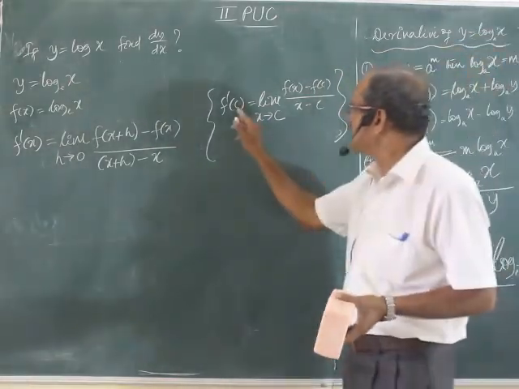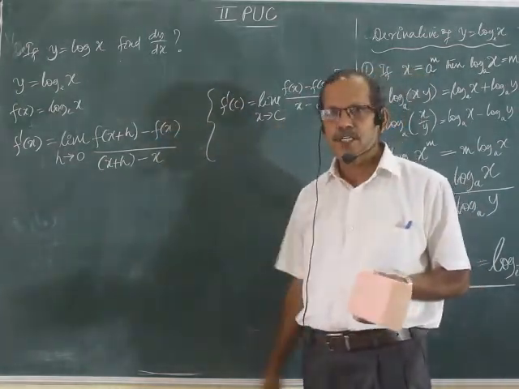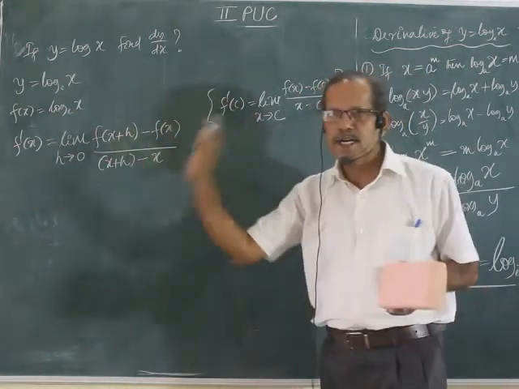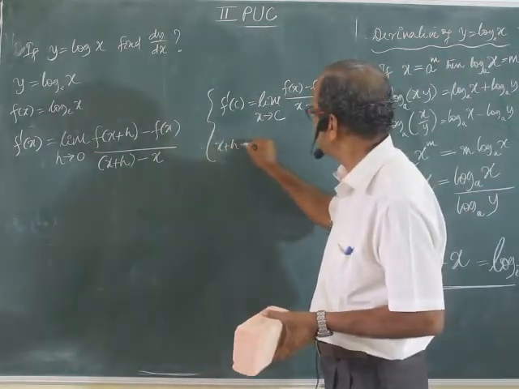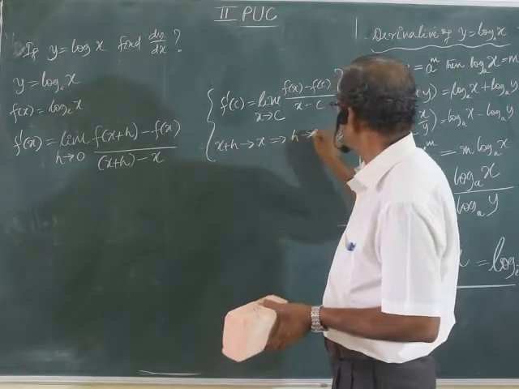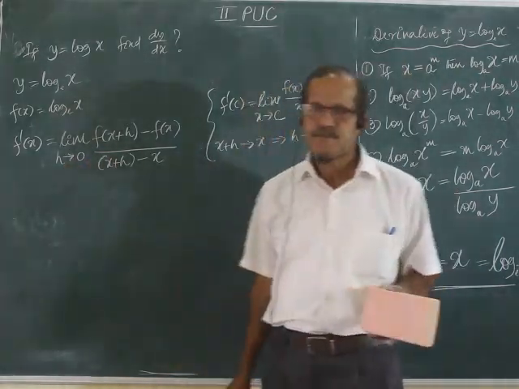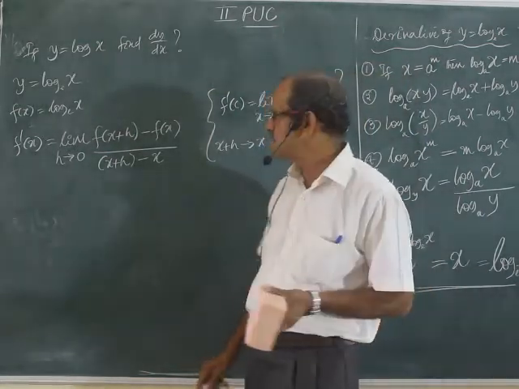But here I have taken x instead of c, and x plus h instead of x. The total meaning is one and the same. X plus h tends to x implies h tends to 0. That's why I have written that. If h equals 0, then only x tends to that.